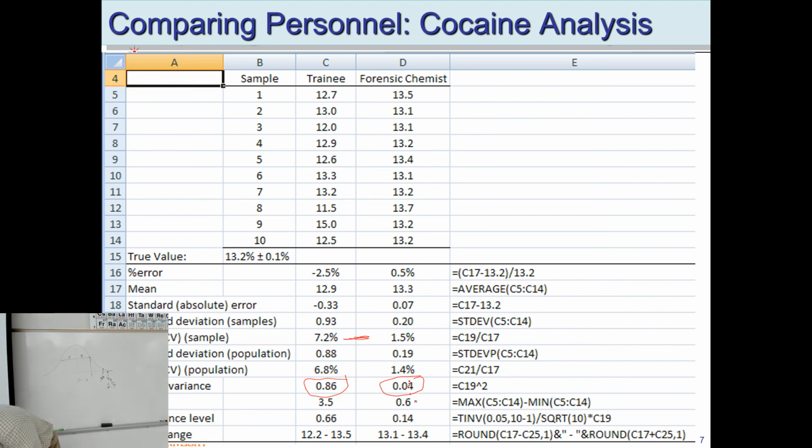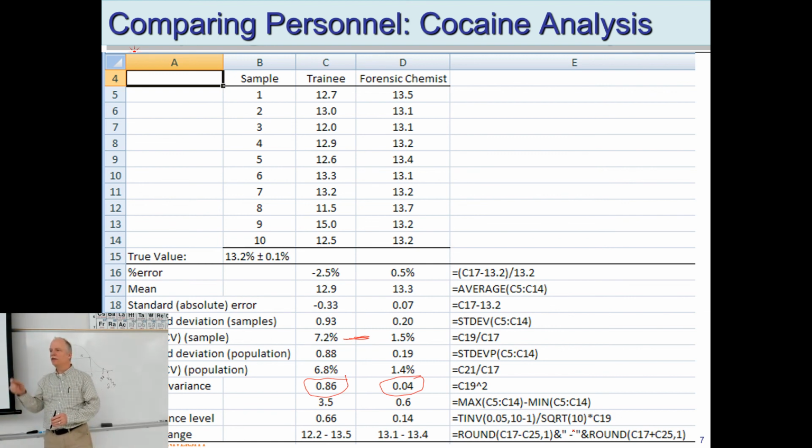So this right here is saying round the, let's see, what are we talking about here? This is the range. Okay, so round that low value to 1 decimal place, close parenthesis, and I put that ampersand and an open quote. So I can type in space dash space. So space dash space is just text. I could write any kind of text in there.